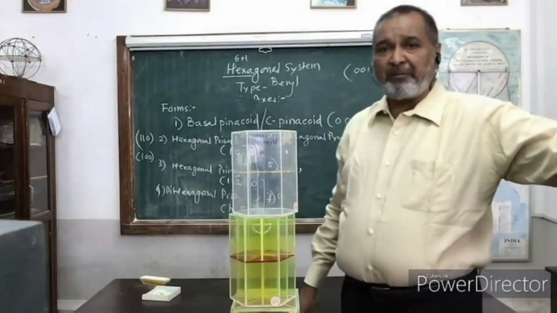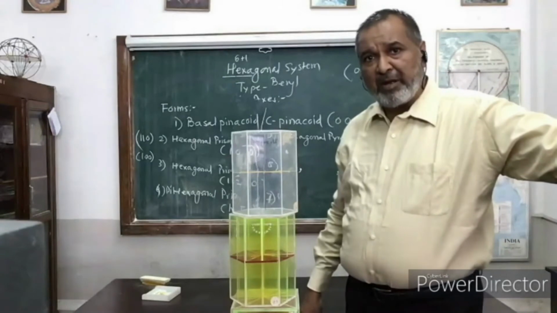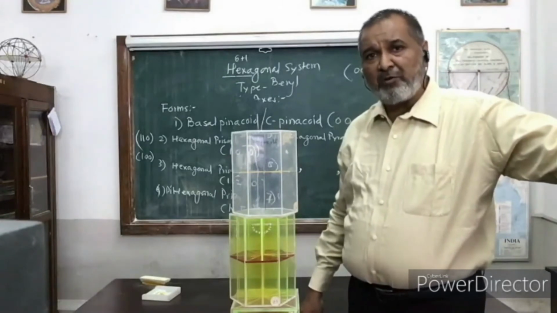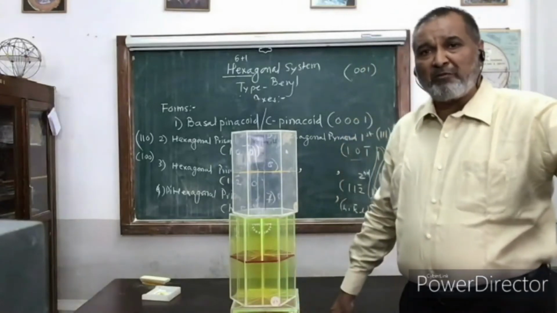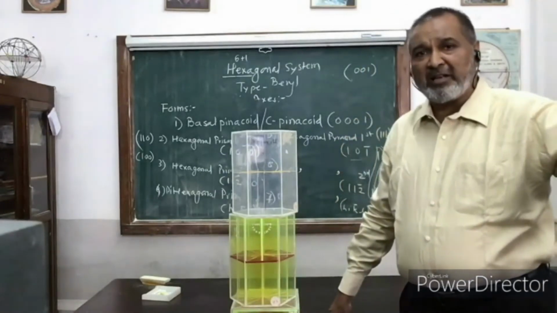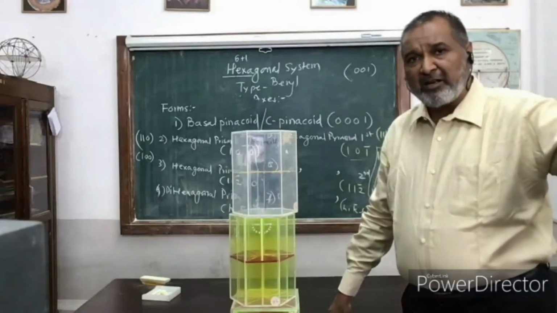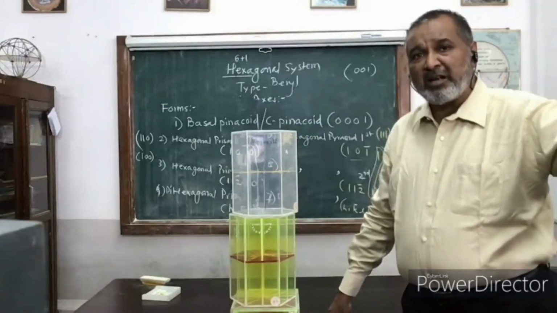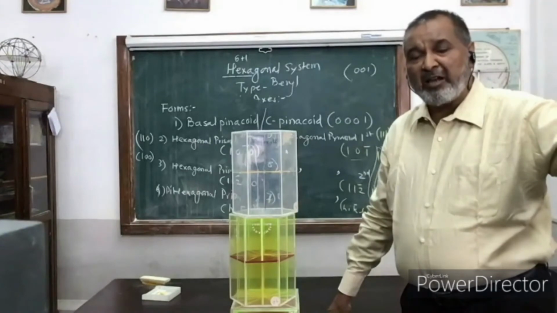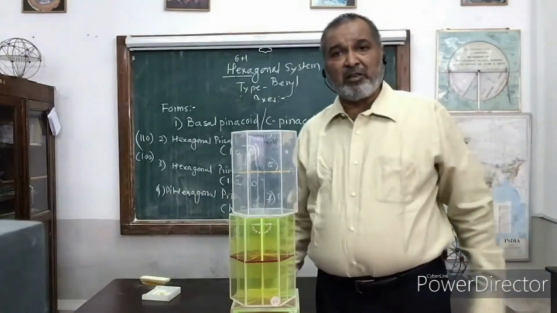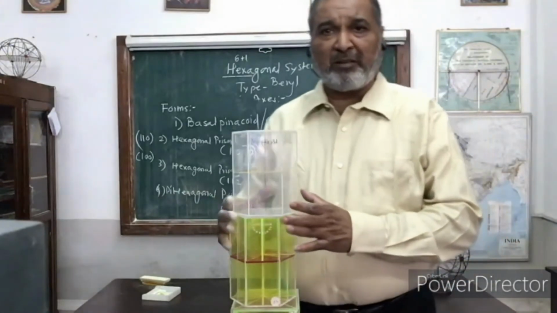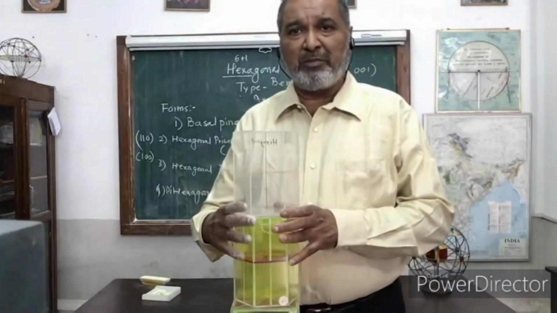Whereas hexagonal pyramid first order is 1, 0, bar 1, 1. And in the case of second order, 1, 1, bar 2, 1, and dihexagonal pyramid is h, i, bar k, l. So that is the last one, the forms which are available. These are the forms in the hexagonal system beryl type.